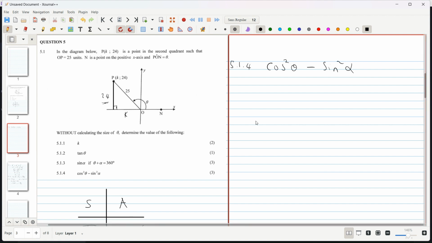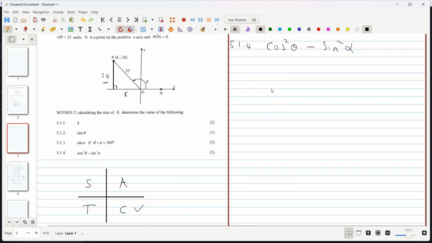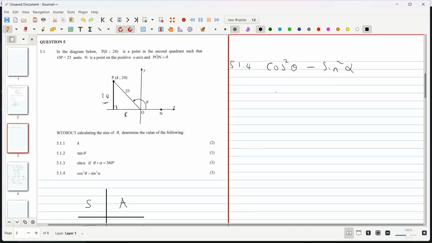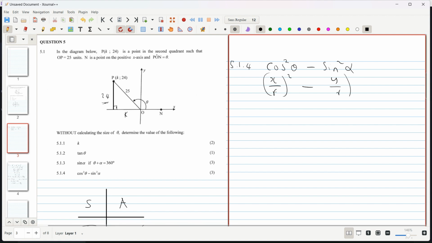So for cos square theta, we can look here on our diagram. We know that cos is adjacent over the hypotenuse, and sine is opposite over hypotenuse.